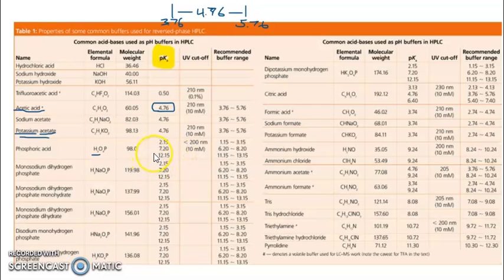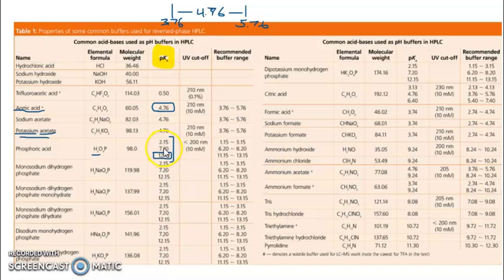If you've ever power washed your house, you may have used TSP, trisodium phosphate. It's very alkaline. You can go to the hardware store and pick it up. It's a white powder. It's the trisodium salt of phosphoric acid. But you would never use phosphate to make a pH 4 buffer because the pKa's are not appropriate.